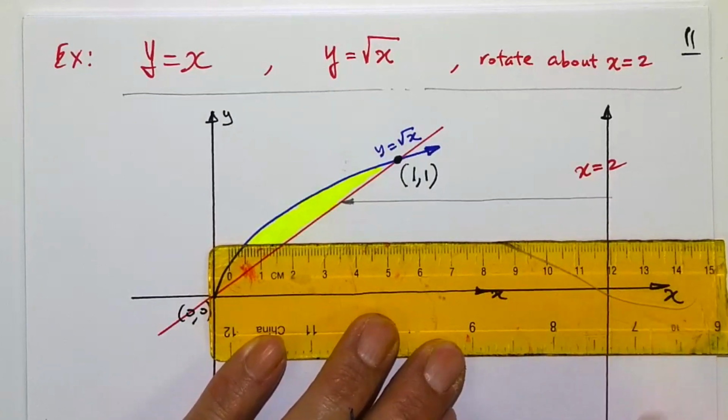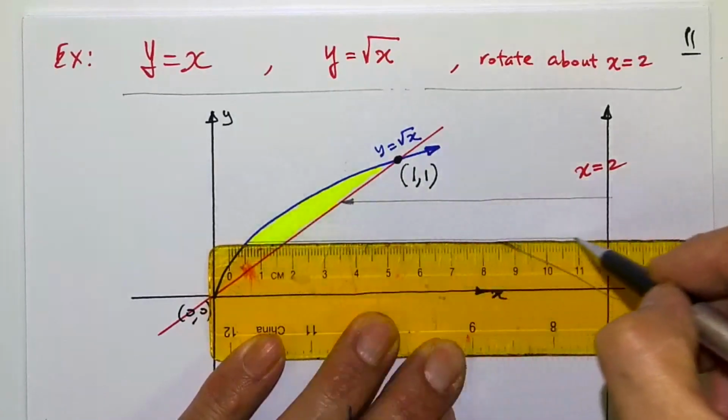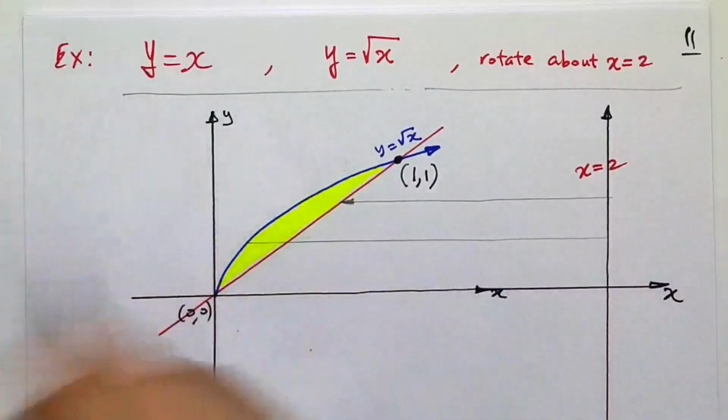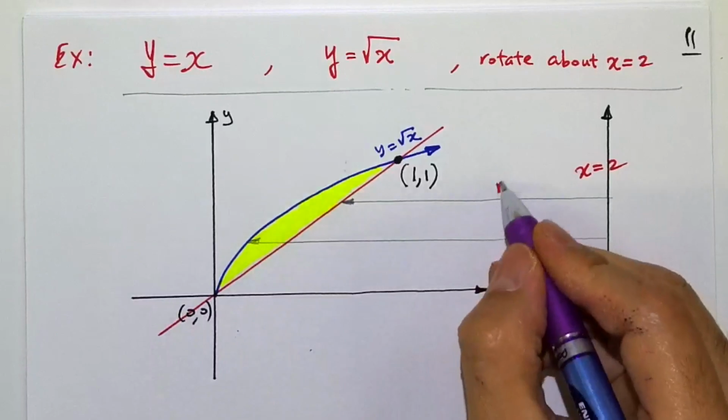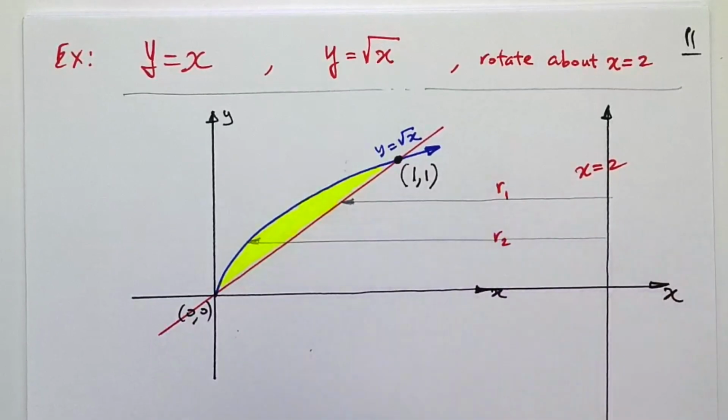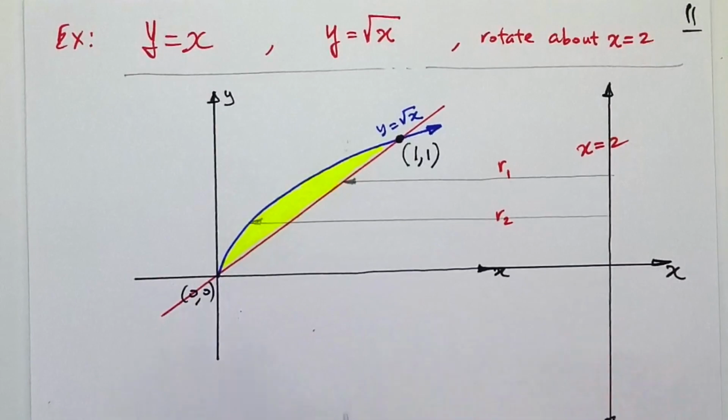And so this is R1, R2, and we know that, so we're going to use the washer method.